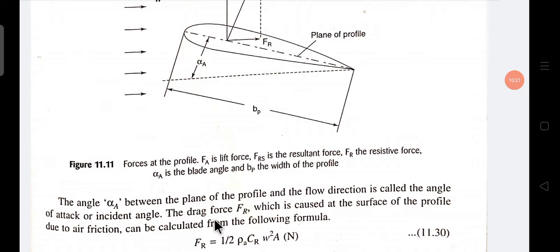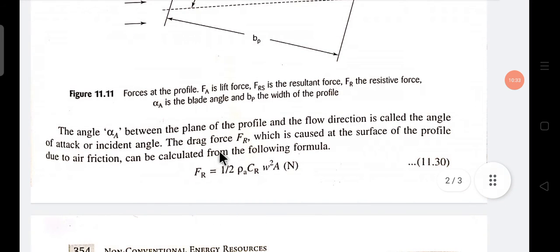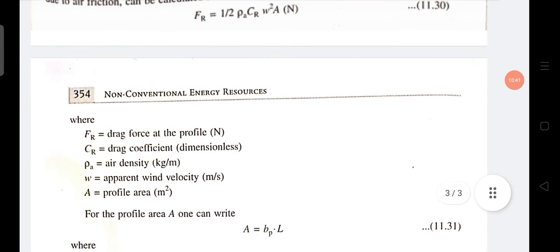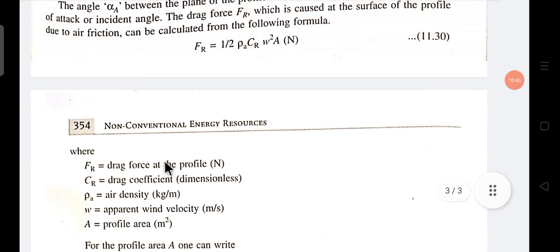The drag force Fr, which is caused at the surface of the profile due to air friction, can be calculated from the following formula. This is the formula for drag force, created by the friction of the profile with the flow of air.